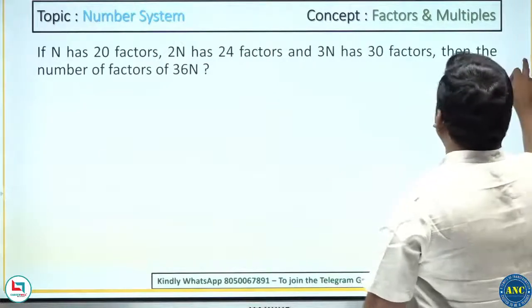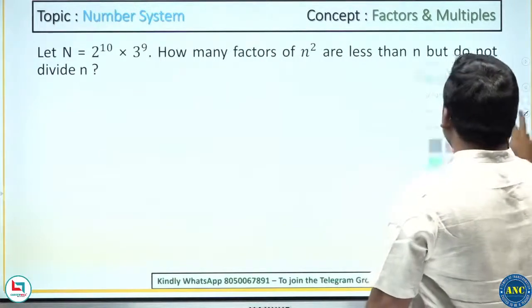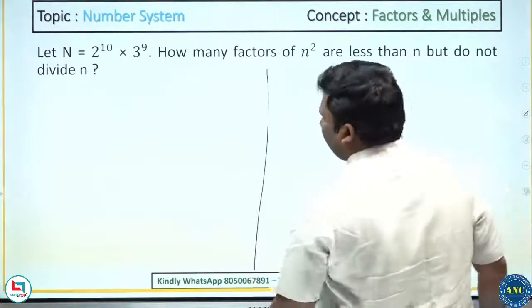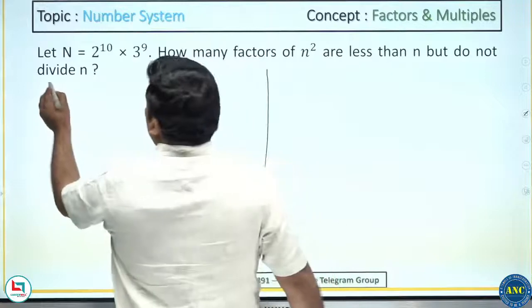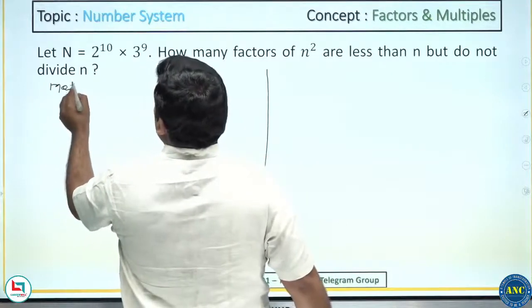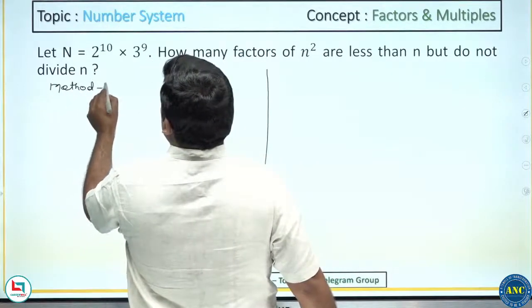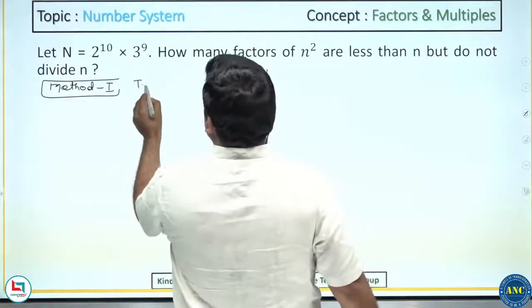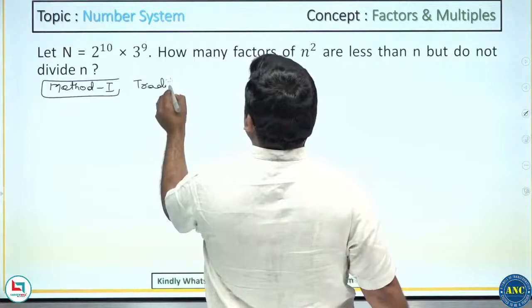Next one. Already we did this question. Now see this question. I will solve this question in two methods. Then I will tell you the direct answer. Method 1, this is the traditional method. Everybody will solve like this.